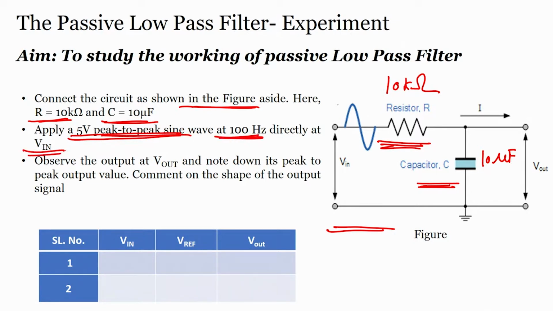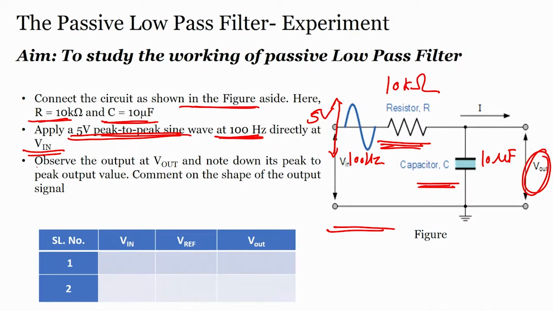So, this is my sine wave, I am applying 5 volts and the frequency is 100 hertz. If I apply 5 volts peak to peak at a 100 hertz frequency sine wave to this particular circuit with R and C, what kind of voltage do I observe at the output?